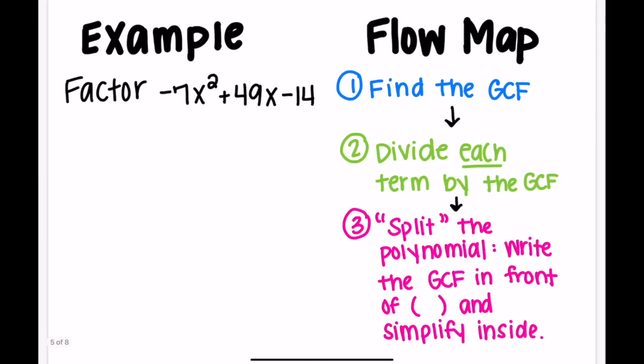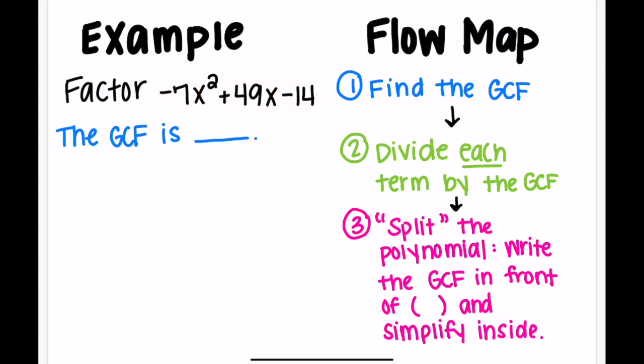Okay, let's look at another one. First, we want to find the GCF. So what's the largest number that will divide all of these terms evenly? Well, looking at these, I can see that all of them are divisible by 7.